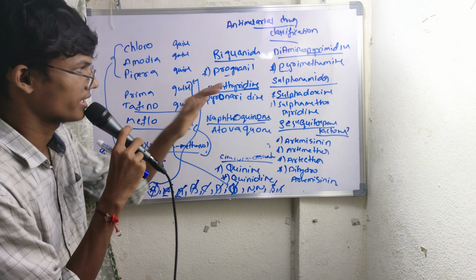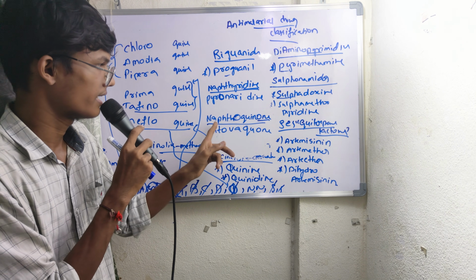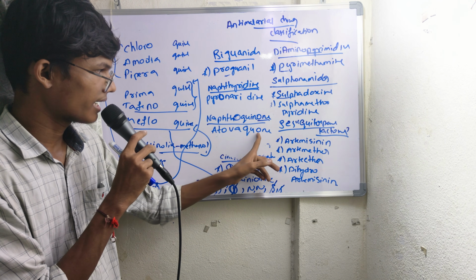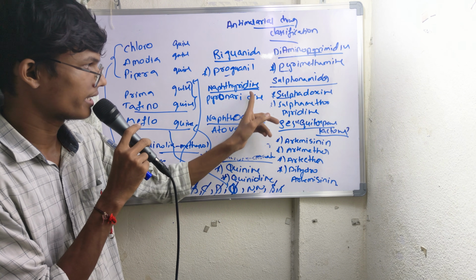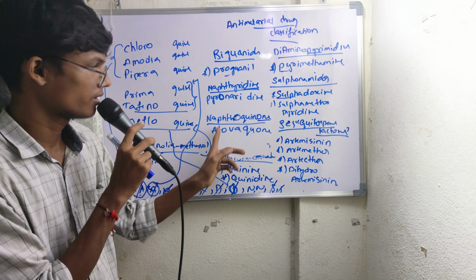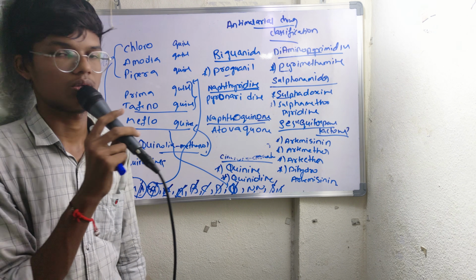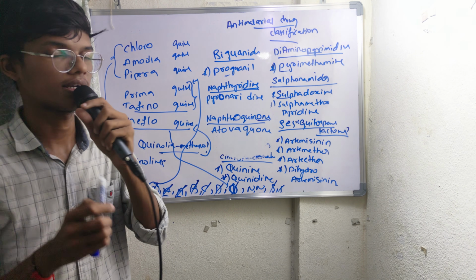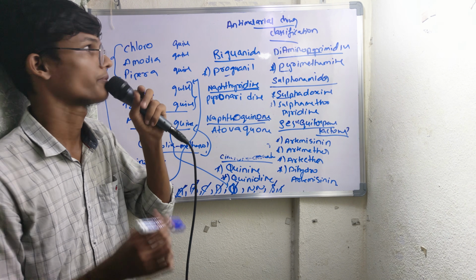Okay, see, first I am writing naphthyridine and naphthoquinone. Here I am taking one from the ending and dine from the ending, and I am writing pyronaridine, atovaquone. This is the overall classification of antimalarial drugs.